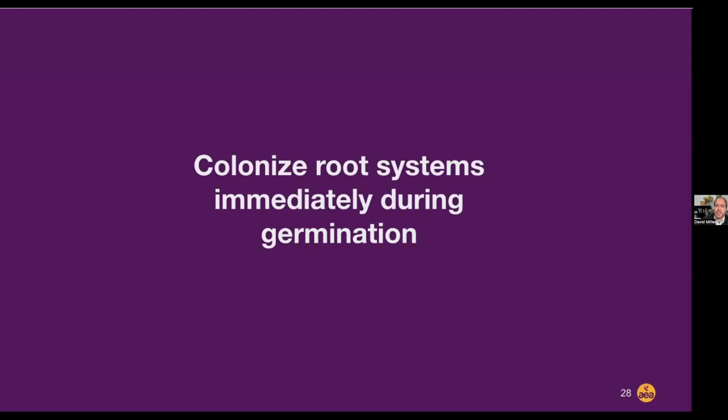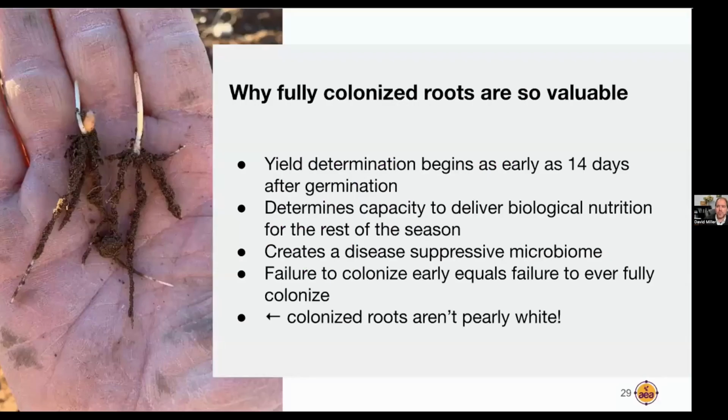So here's some ideas on effective ways to get started. Where's a good place to start? And I believe it's colonizing that root system immediately during germination. And why is that so valuable? It's because in many crops, the yield is determined very, very early on.